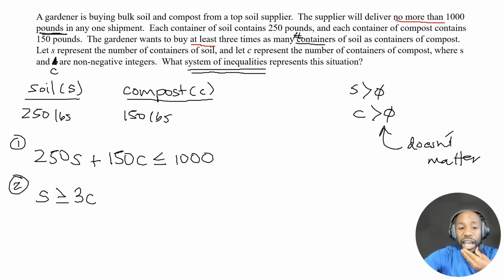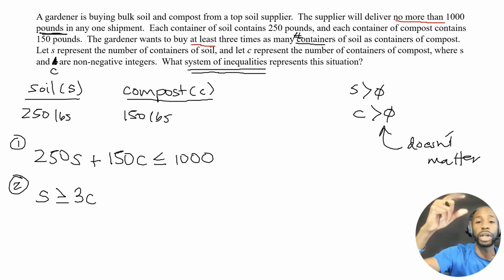Now, why wouldn't the S and the C be switched? Think about it. If we want 3 times as many containers of soil, then whatever the number of containers of compost is, we want the soil to be at least 3 times more than that.